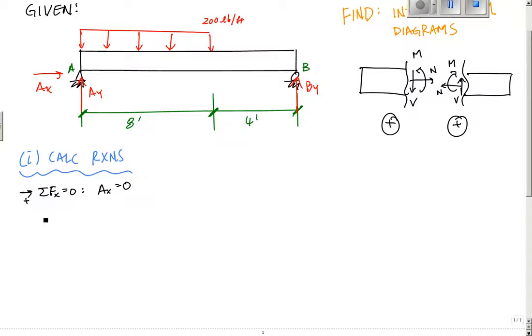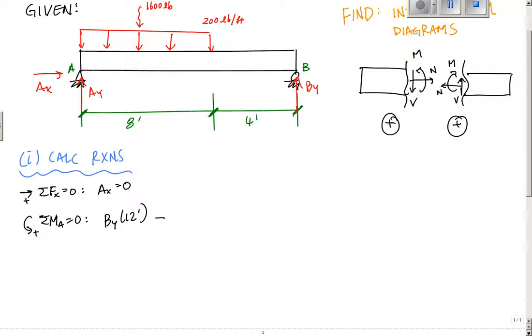If I take moments about A, sum of moments about A equal to 0, and say moments are positive counterclockwise, then I would have BY times 12 feet minus the distributed load resultant. I'm going to draw a squiggly line here: 200 times 8 is 1,600 pounds of force. That squiggly line is not a replacement of the distributed load, it's just the equivalent resultant.